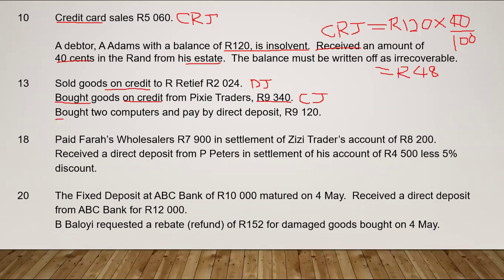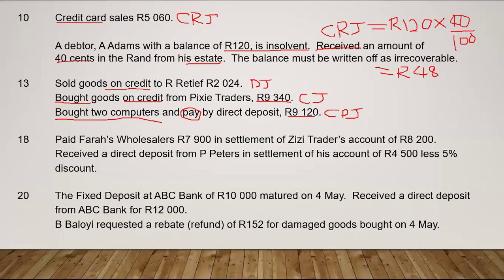Bought 2 computers. Good. This can be CJ or CPJ. And paid. Okay, that was supposed to be paid by direct deposit. This will be recorded in the CPJ. We didn't buy on credit.